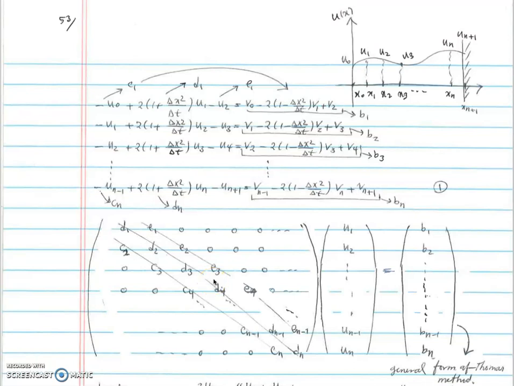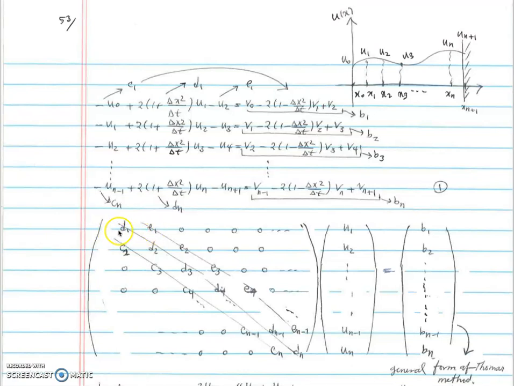But if you have n equations with these coefficients, basically d1 to dn, c2 to cn, and e1 to en minus 1, you can use exactly the same Thomas method without any modification. So now the question is how we can solve the system we have up here using Thomas method. There are two problems. The first one is, in the first equation I have c1, but if you look at the Thomas method, there is no c1 in here. The first equation starts from d1 and then e1.